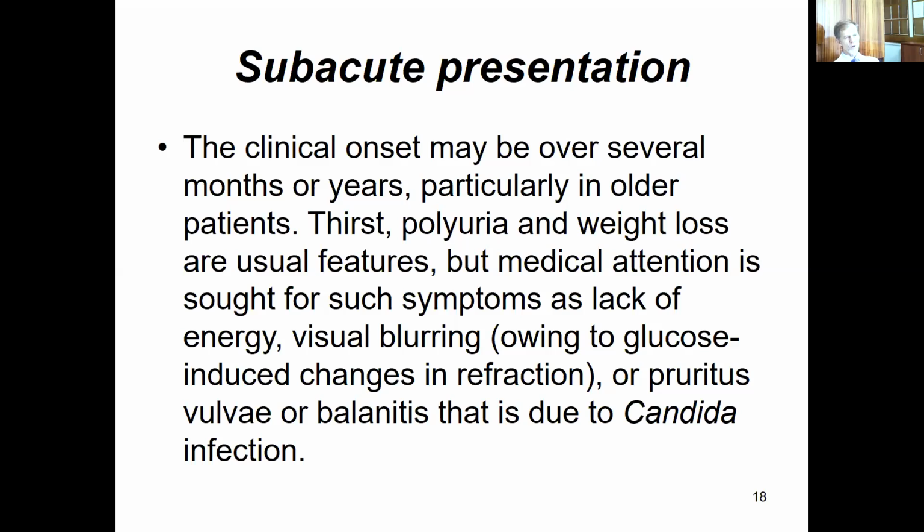Visual blurring. It may be glucose-induced changes in refraction of the eyes. It may be sometimes some infection processes, because again, we need energy to fight infections too. And in case of lack of energy, we may find some inflammatory processes.